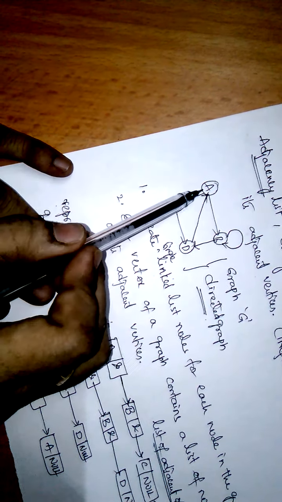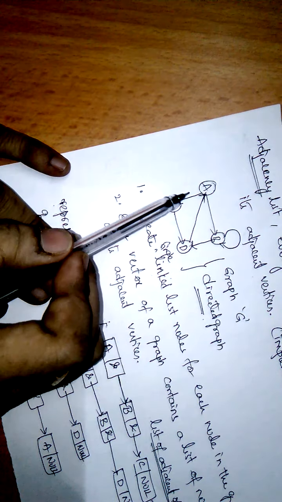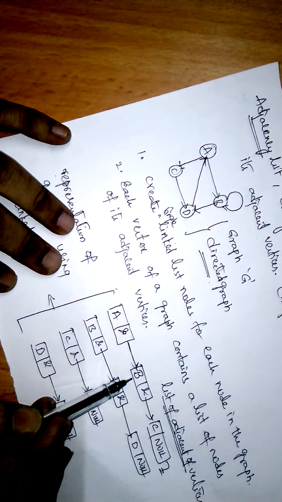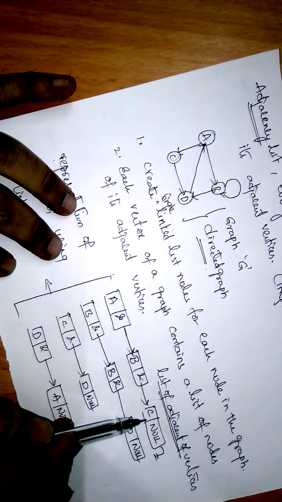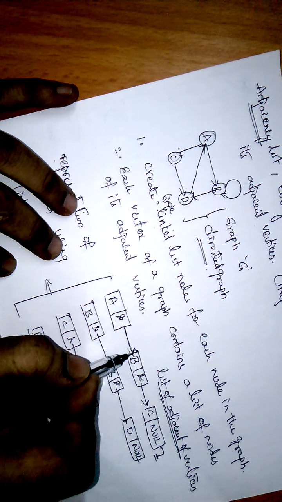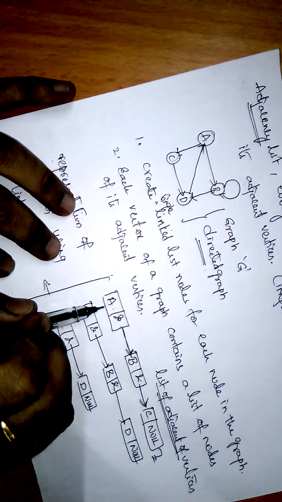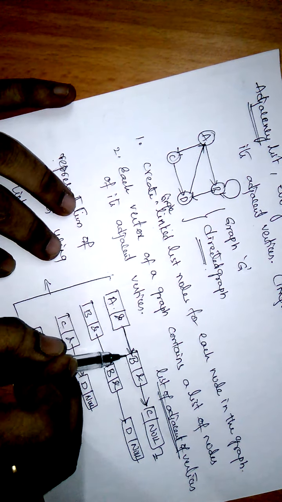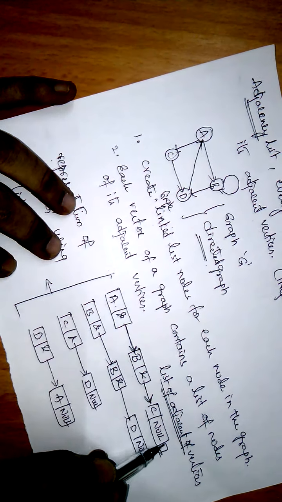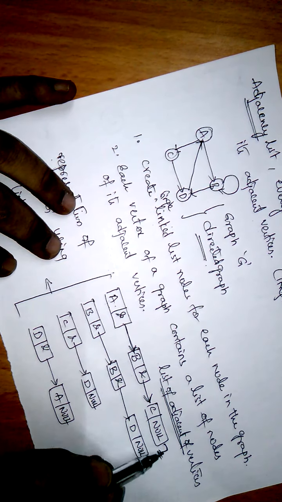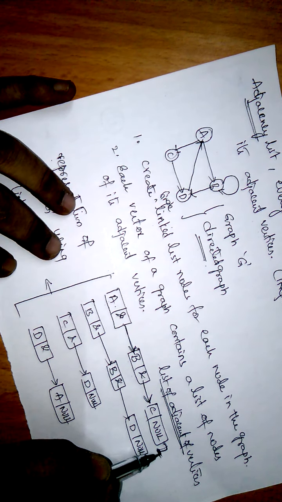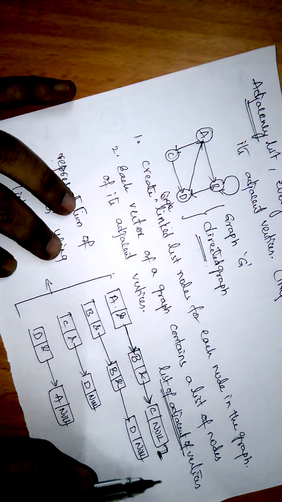B and C. So create nodes B and C. The main vertex A points to these adjacency nodes, and the last node's next field contains the null value.